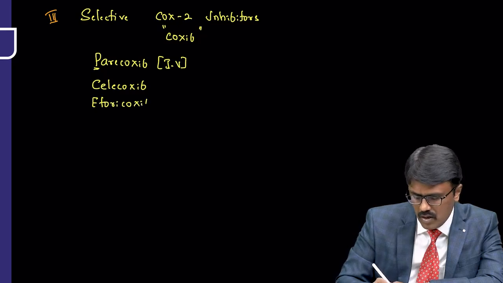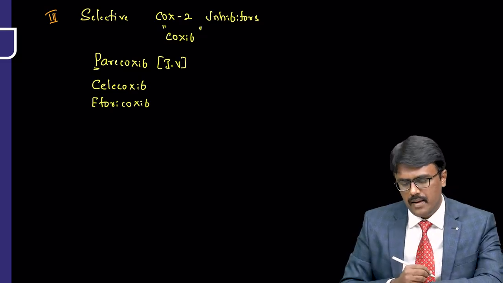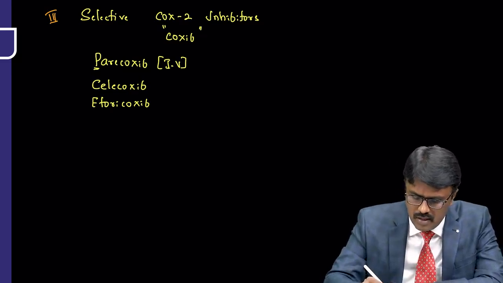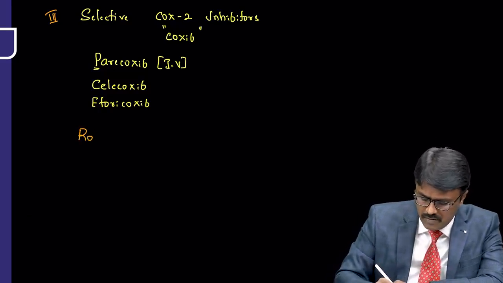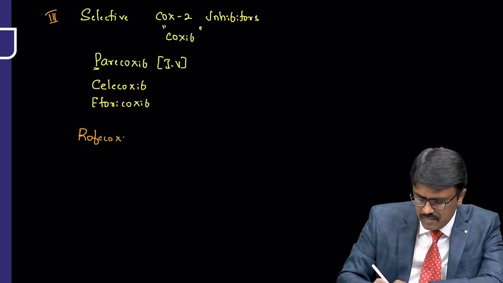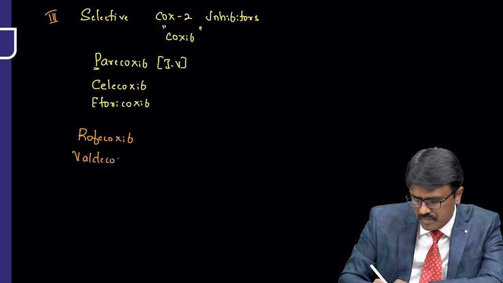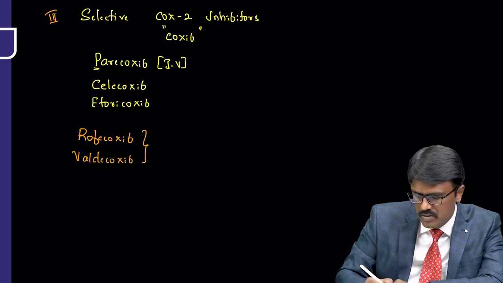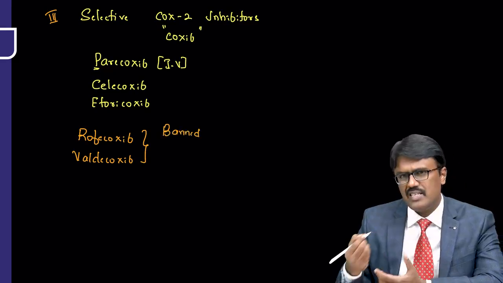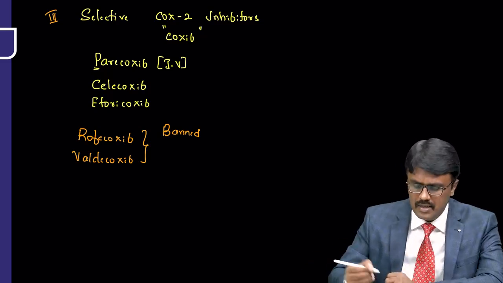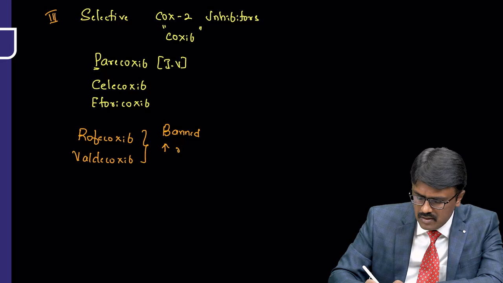So these are COX-2 inhibitors. But certain COX-2 inhibitors are banned. For example, rofecoxib and a drug called valdecoxib. Now these two drugs are banned for usage, or instead of banned I can use the word withdrawn. The reason is they increase the risk of MI.